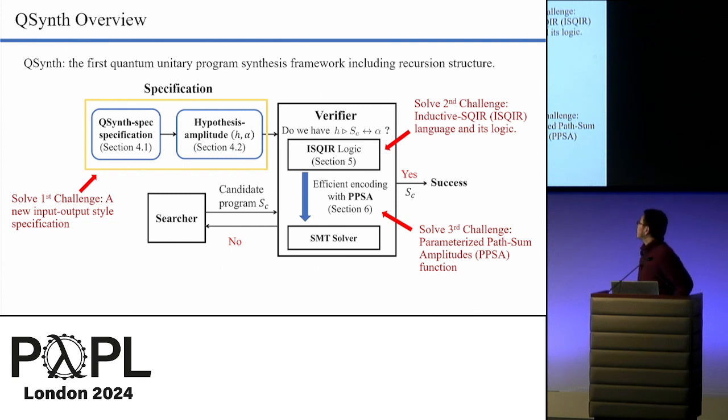And the second design is a new language and its corresponding logic called inductive squares. QSynth will utilize this logic to verify recursive quantum programs. And the third design is a new representation called parameterized path-sum amplitude form. These forms are used to encode the verification of quantum programs into an SMT solver.